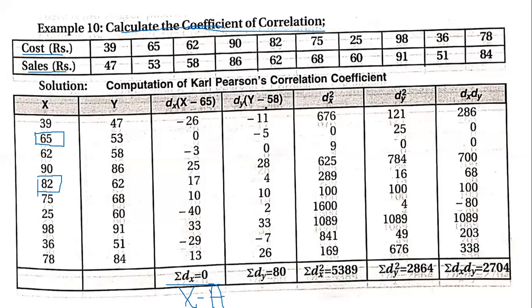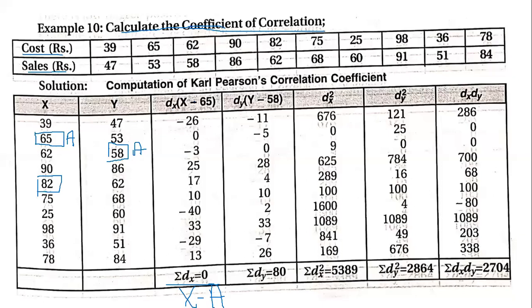The same thing happens with y. Again they have taken 58. If you see here, they have taken 65 as assumed mean for x and 58 as assumed mean for y. There is no hard and fast rule to take the central value only. The central value is taken for easy understanding of everybody, and it is easy to solve also. So we will find the deviations for both x and y.